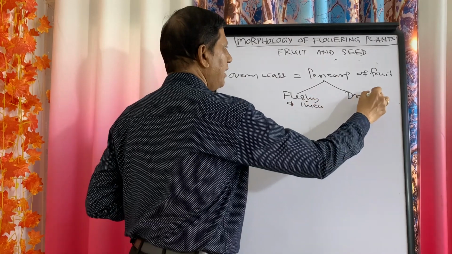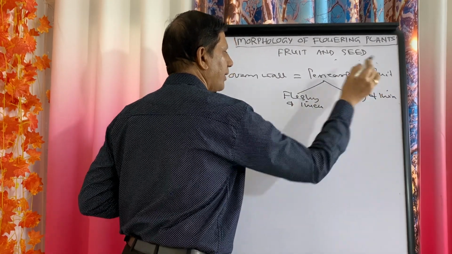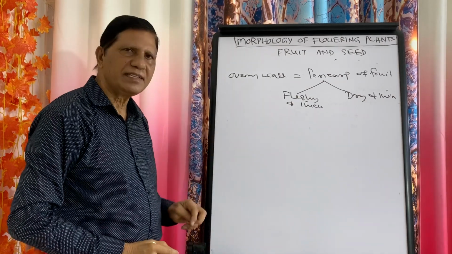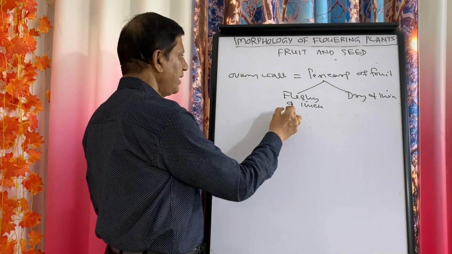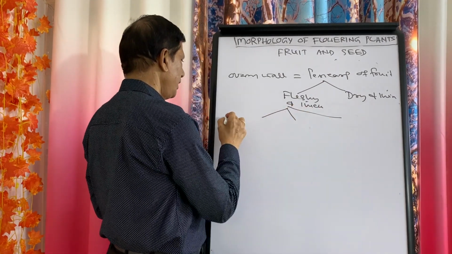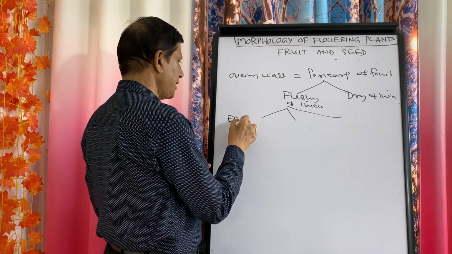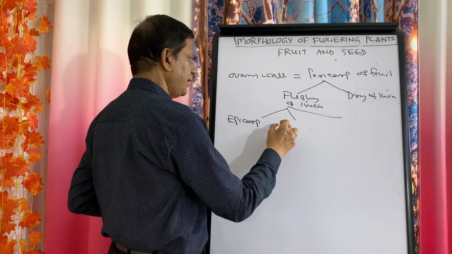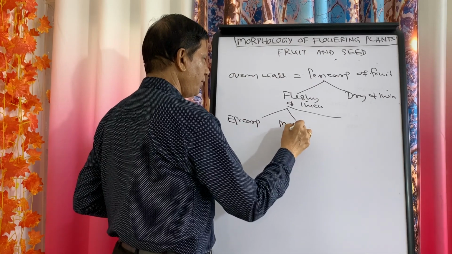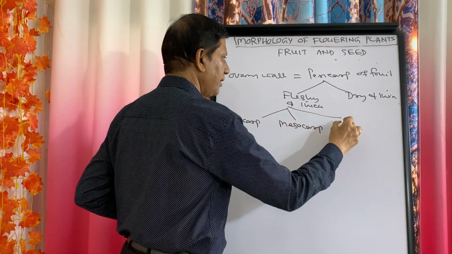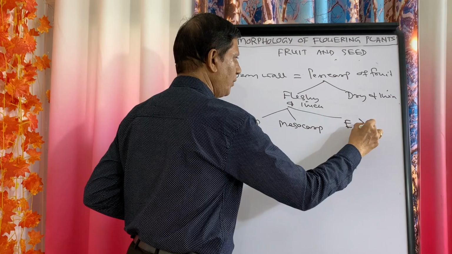But this is dry and thin. When it is fleshy and thick, it is again divided into three parts. The outer part is known as epicarp, the middle part is mesocarp, and the inner part is known as endocarp.